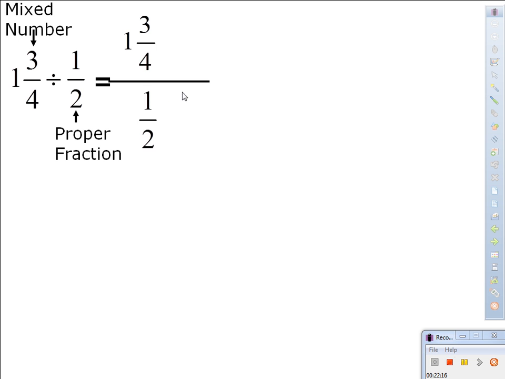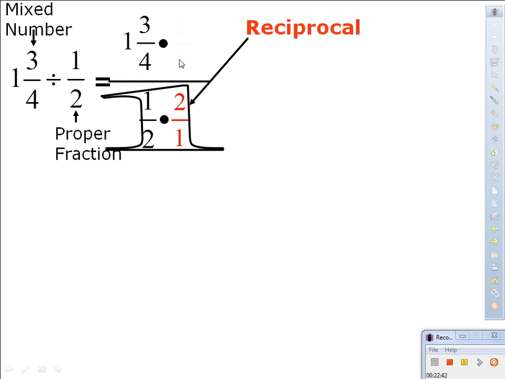So check this out. I'm going to make this an integer. I'm thinking of an integer. The easiest one to think of is 1. What number can I multiply 1/2 to give me 1? Think about it. Who was thinking 2 and 1? 2/1. That's called what? Reciprocal. And whatever we multiply this by, we need to multiply this by.